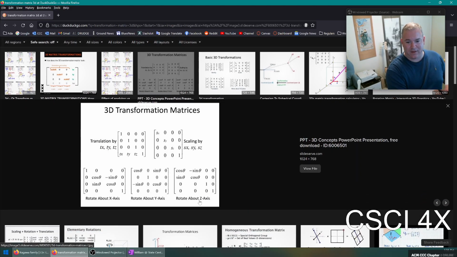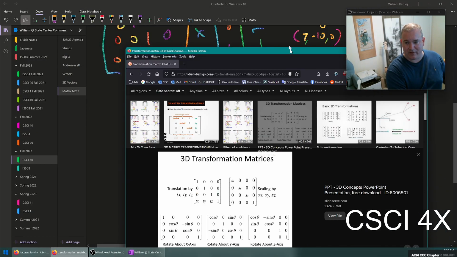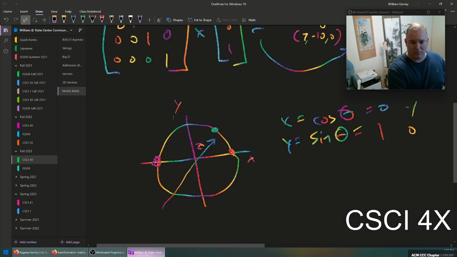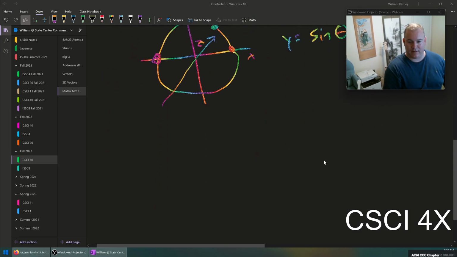If you're rotating around the z-axis, the x value is going to be the cosine of theta, right here. It gets a little complicated, but you basically put those values in. So if you want to do a 90-degree rotation around the z-axis, you are going to have a transformation that looks like this.